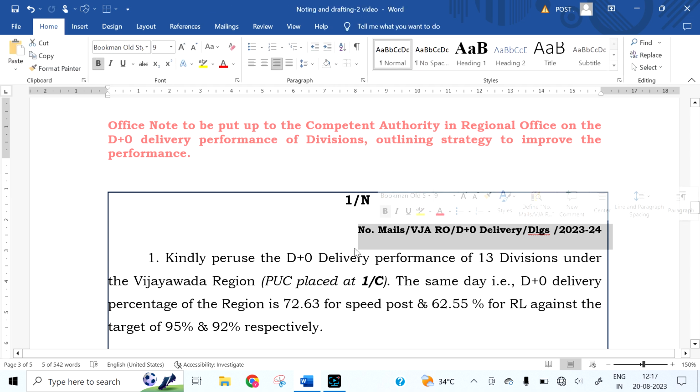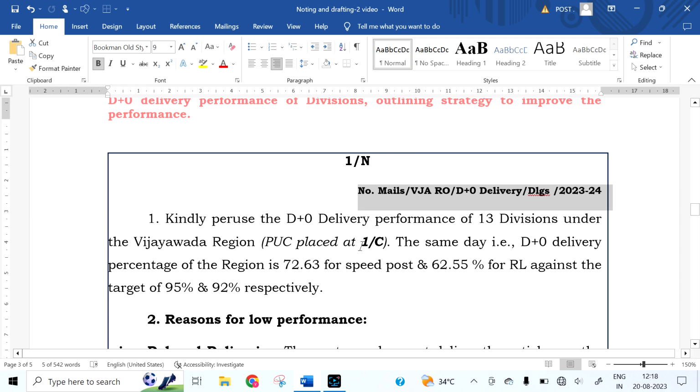Every file will have one note sheet and a correspondence portion. In the correspondence portion, we place all the letters that we get from other offices. And in the note sheet, we write about the correspondence portion and submit it to the next officer for perusal and approval.